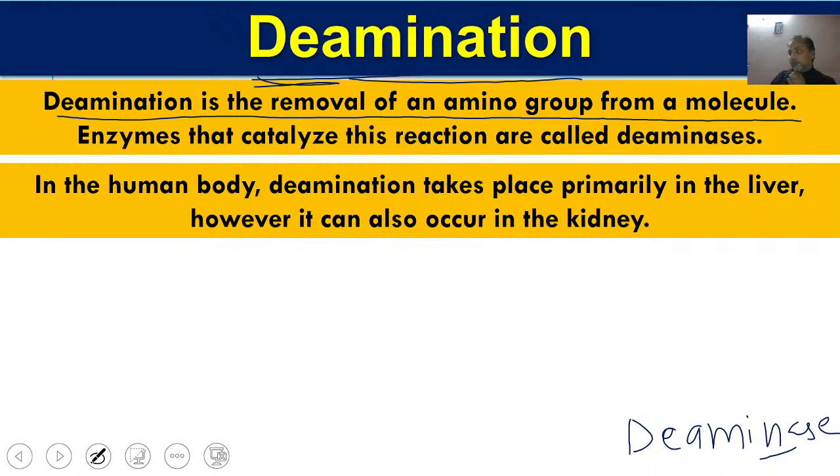In our body, normally this deaminase enzyme or deamination reaction takes place mainly in the liver, but it can also occur in the kidney. But the main site is the liver. If you have a question where the deamination reaction occurs, and you have the options liver, kidney and other organs, select liver. If you have only one option, you have to select it.